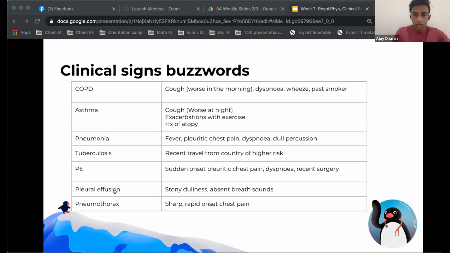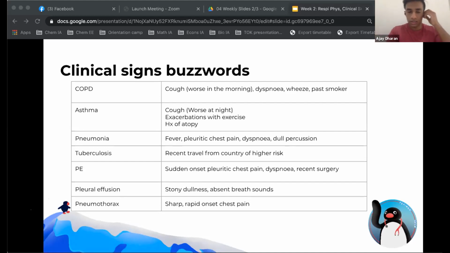So these are a few clinical signs, and these are like buzzwords. I know some people may focus on memorizing the keywords, and you can go ahead and do that. But I found it easier to interpret and understand why you had these key clinical signs, and that helps me distinguish between the conditions.